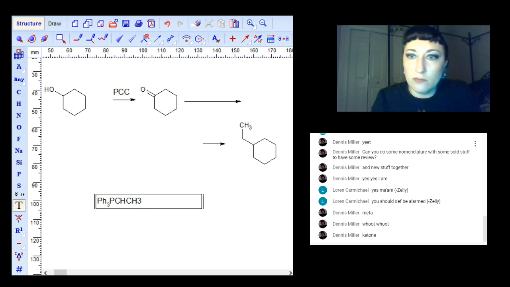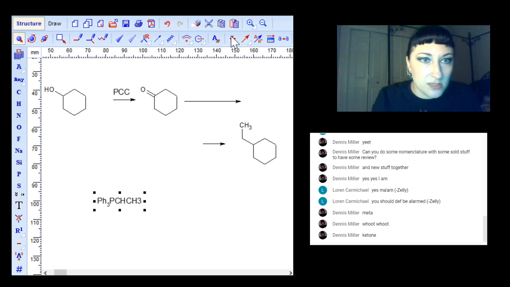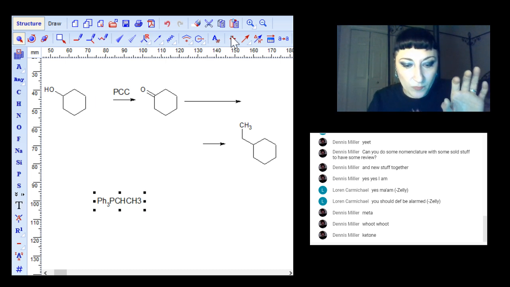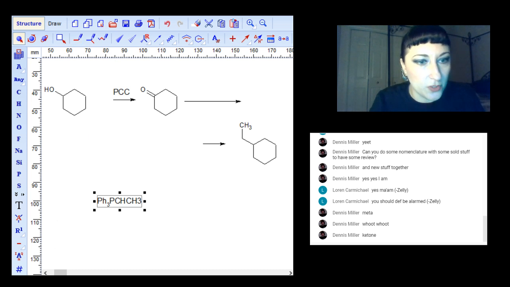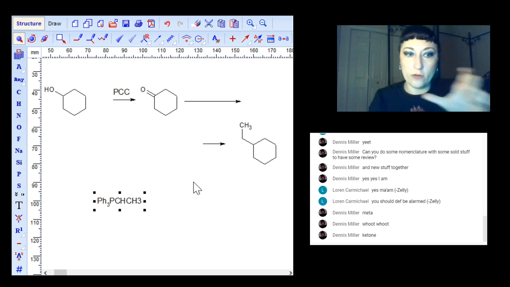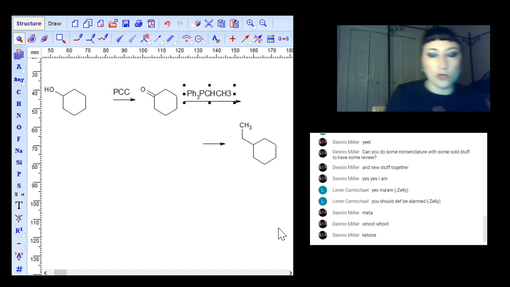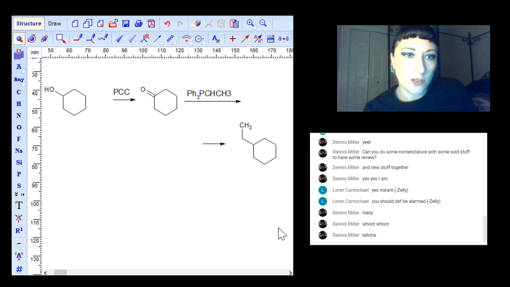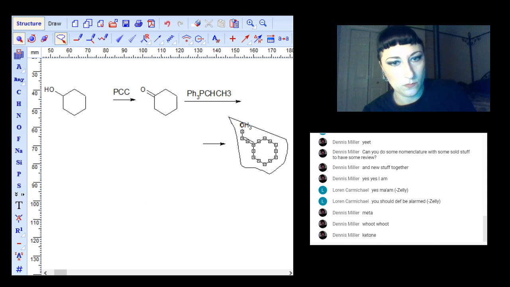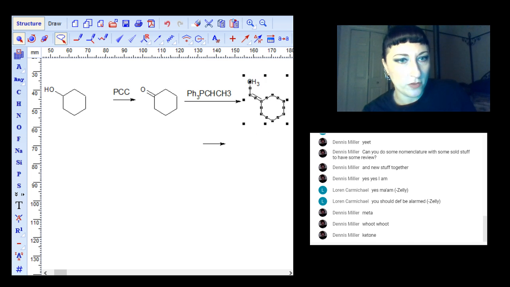It is the reaction that has the zwitterion, where it's a positively charged phosphorus and a negatively charged carbon. Or there's the alternative form where there's a double bond between them and it's uncharged. But either way, you would get a reaction where the product would look like that. Wherever the double bond is to the oxygen, you would form a double bond to whatever that carbon is attached to on the phosphorus.